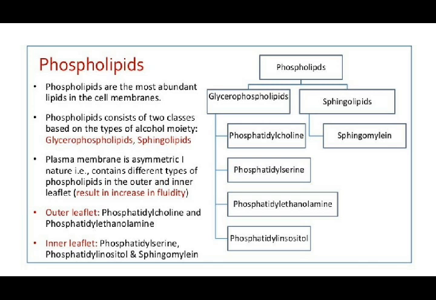Phospholipid. Phospholipids are the most abundant lipid in the cell membrane. Phospholipids consist of two classes based on the types of alcohol: glycophospholipid and sphingolipid.